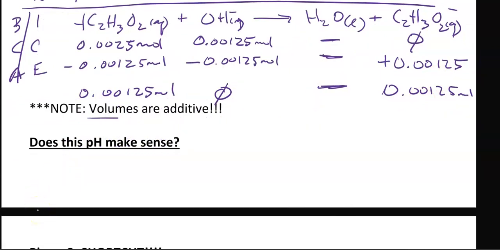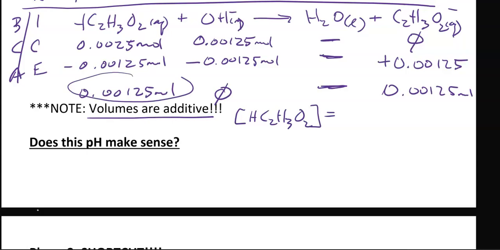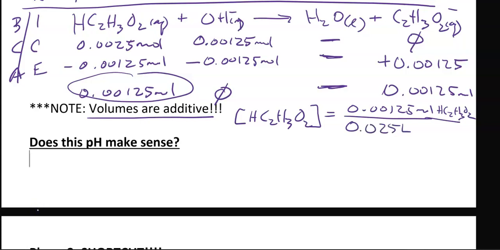All right. Remember, volumes are additive. You may want to highlight that if you have a highlighter. I'm going to take my concentration of acetic acid by taking the number of moles that are left over once the sodium hydroxide has reacted, so these are the leftover moles of acid, and dividing it by the total volume of solution, which is the 0.025 liters of acid that we've had since the get-go, plus the additional 0.0125 liters that came from the base through the burette.